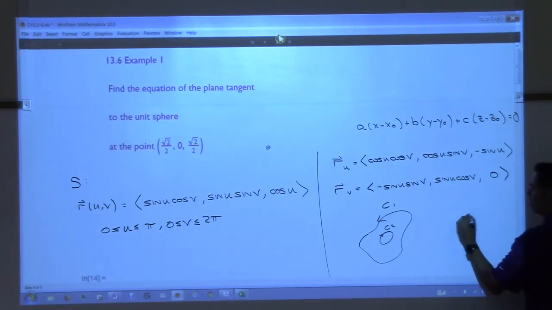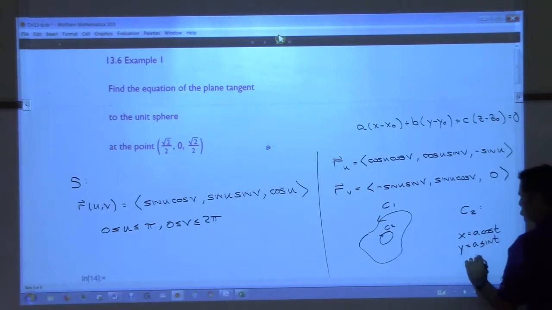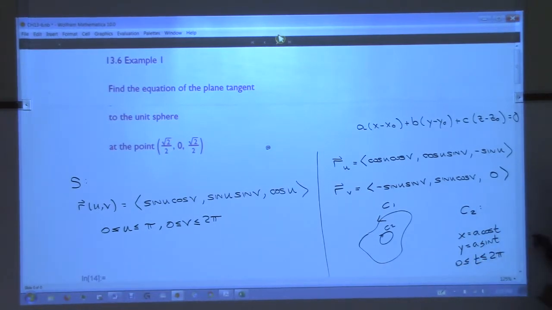I said, let's find the parametric representation for C2. And I said x was a cosine t, y was a sine t, and t was between 0 and 2 pi. And I think that's when you asked the question. I should have written here negative C. So everything I said was right, but I didn't put this notation down. And I think you asked me something like why is it backwards?